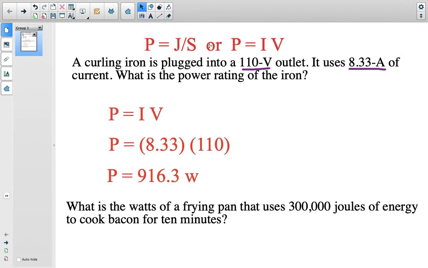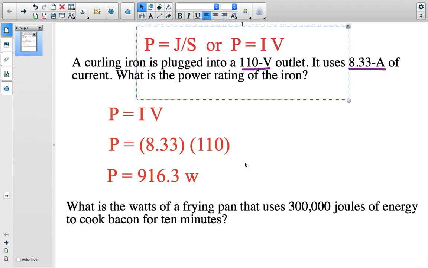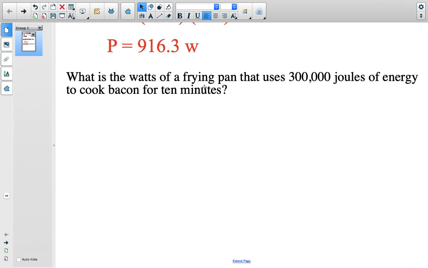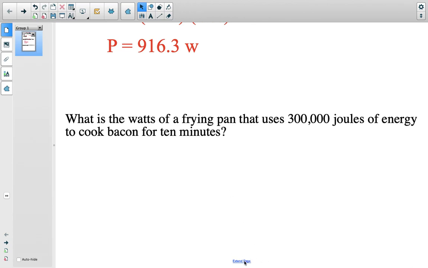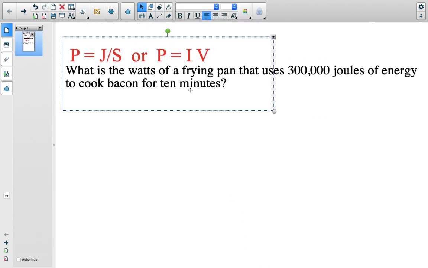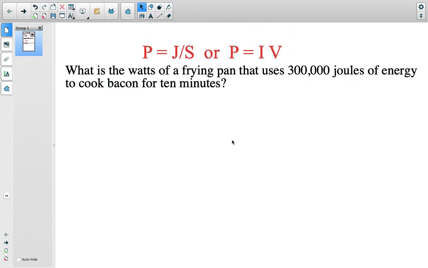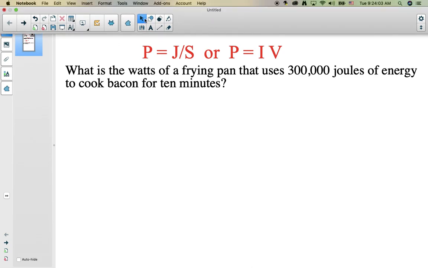Okay. And then the last question, and I'm going to share with you guys, and then you can complete the assigned worksheet, is what is the watts, so I'm looking for power, of a frying pan that uses 300 joules of energy to cook bacon for 10 minutes? You can make this bacon whatever you want.